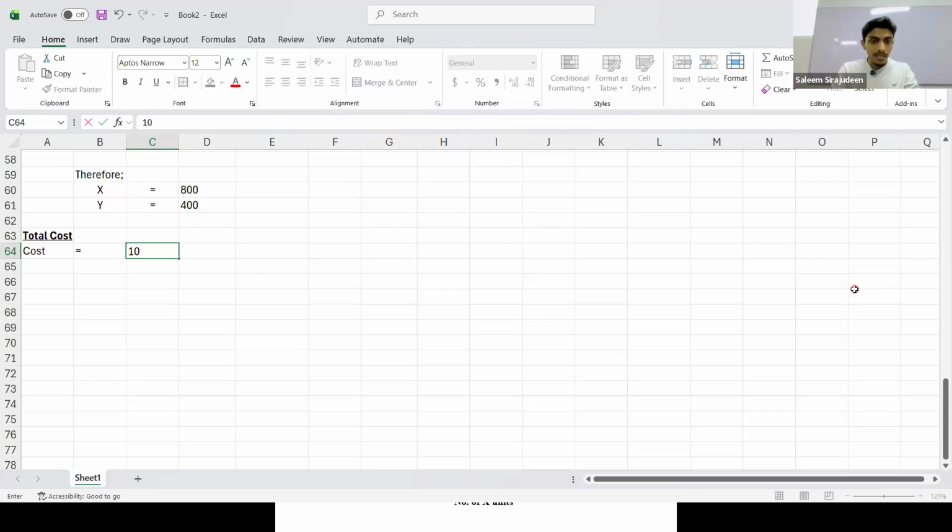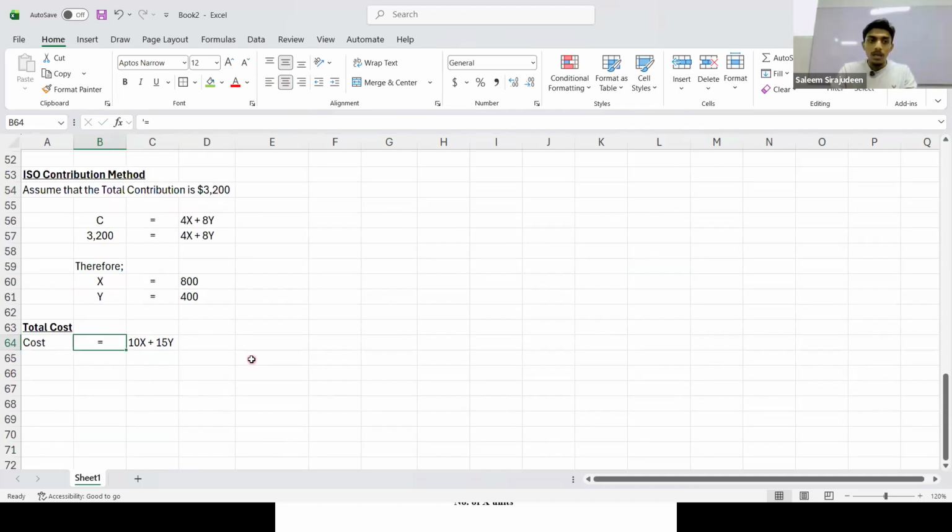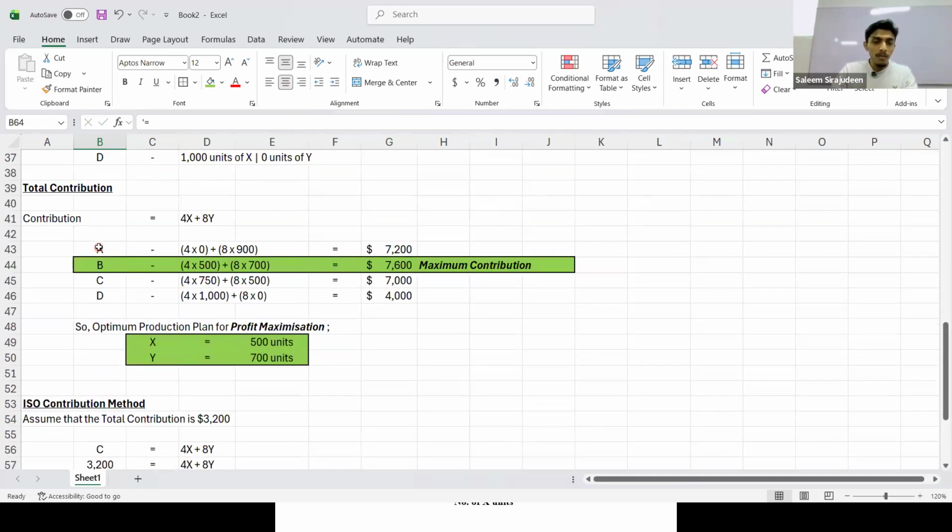Then 10X plus for Y, how many? 15Y. Correct? Yes. So your cost will be 10X plus 15Y. Now what are the four feasible points you have? A, B, C, D. Correct? Right.